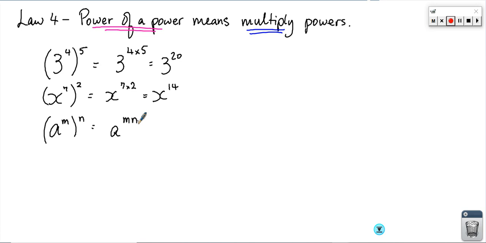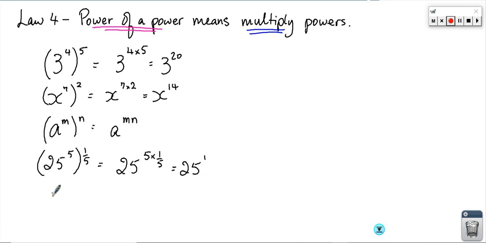We can have here negative powers, we can have fractional powers. For example, 25 to the power of 5 to the power of 1/5. This means 25 to the power of 5 times 1/5. 5 times 1/5 is 1, so that's 25 to the power of 1.